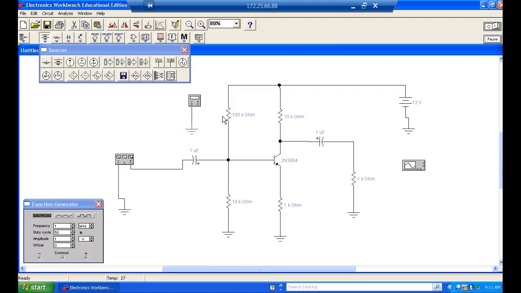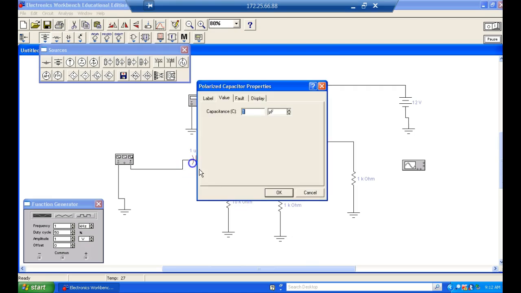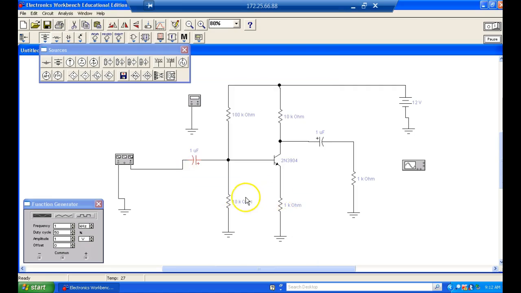So what size resistor would drop 2.3 volts at 97 microamps? 23.7K. So we don't have a 24K. There is a 23K. So we'll come up here and we'll change this guy here to a 23K. If they'll let me.